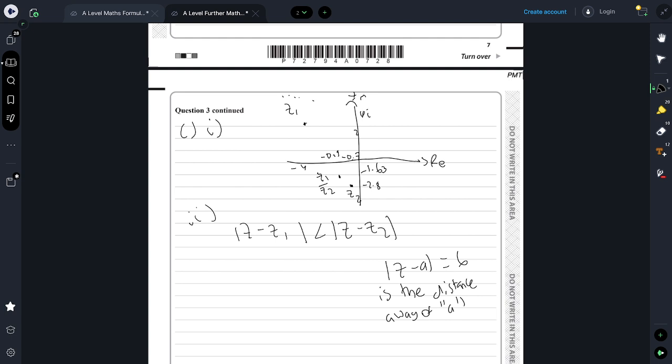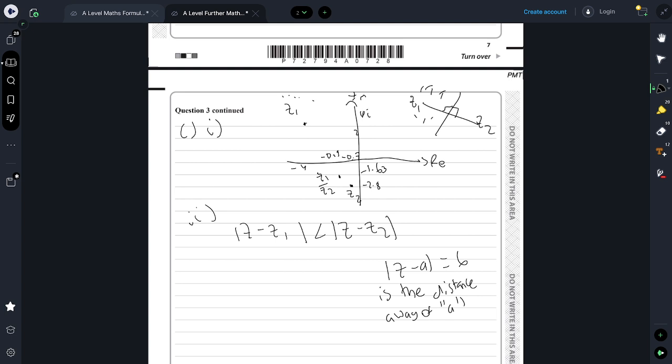This is a very common one. I believe this is perpendicular bisectors, is it? Which makes sense because the perpendicular bisector, say if you have Z1 and Z2, if you remember from GCSE, splits it in half, but it's drawn in such a way that everything on the left is closer to Z1 than Z2.